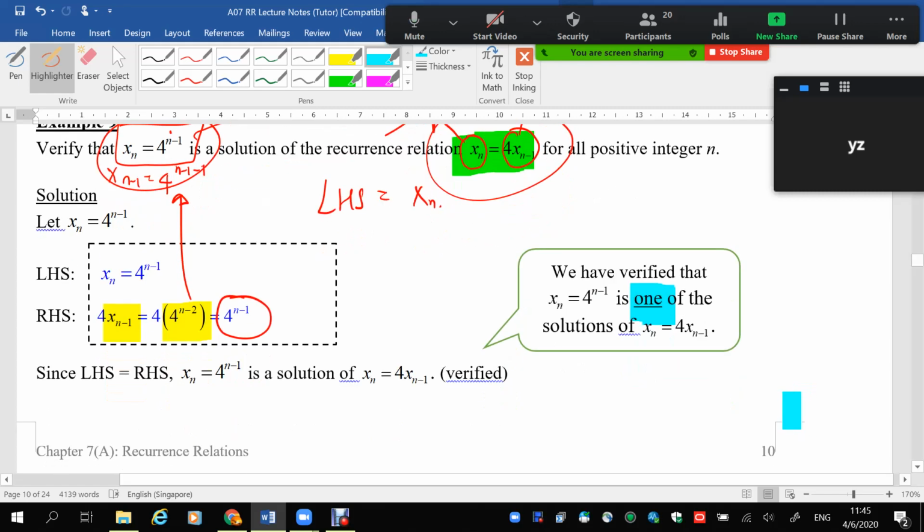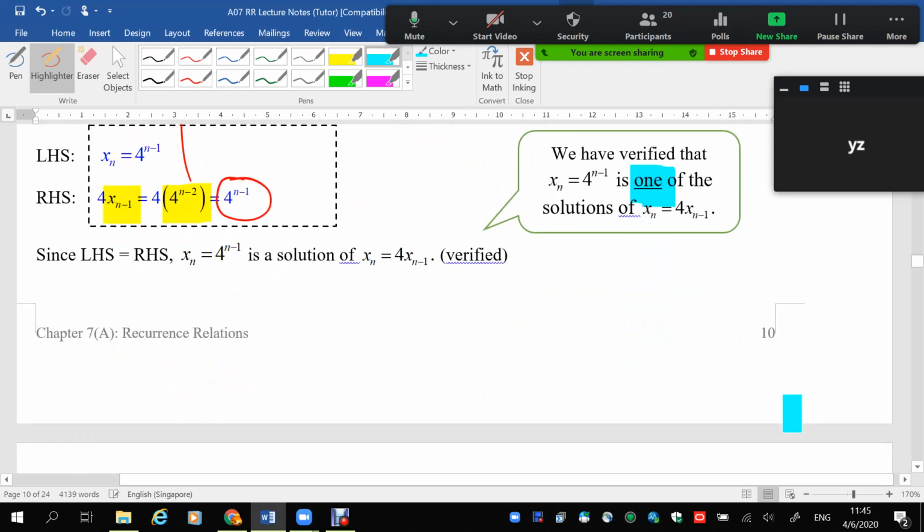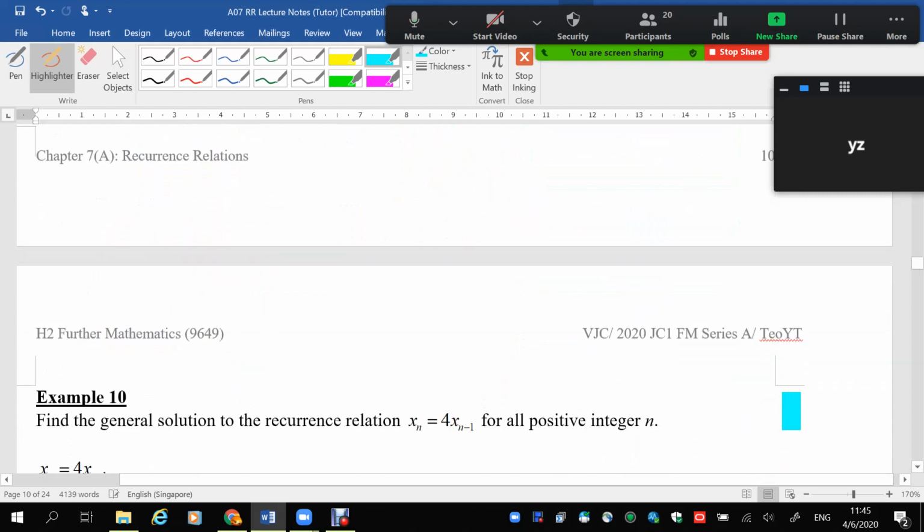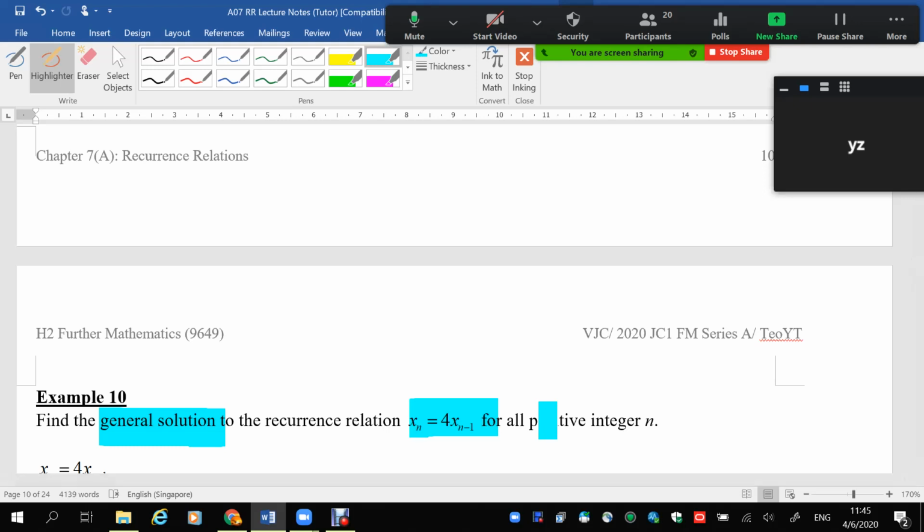Then you'll be able to understand more of your recurrence. Take note of the question. Now they say find the general solution to the same recurrence relation. What I want you to do now is spend some time understanding the difference between example 9 and example 10.